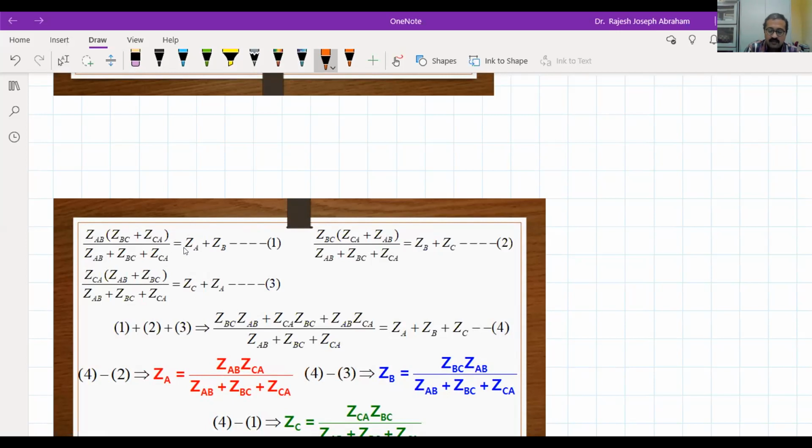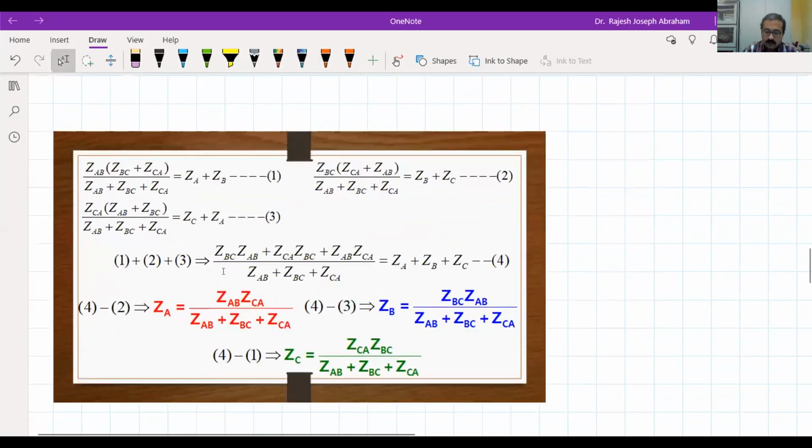On the right hand side, you will get 2 ZA plus 2 ZB plus 2 ZC, which means 2 is a common factor that can be cancelled. When you do that, you will get an equation of this kind.